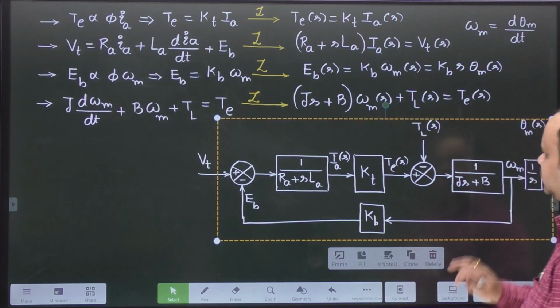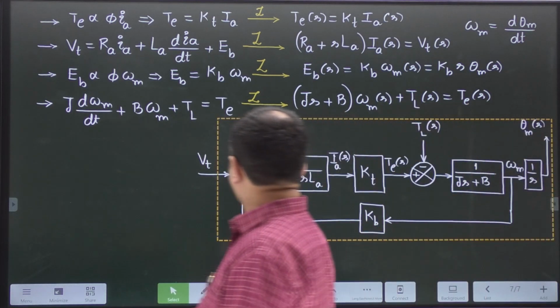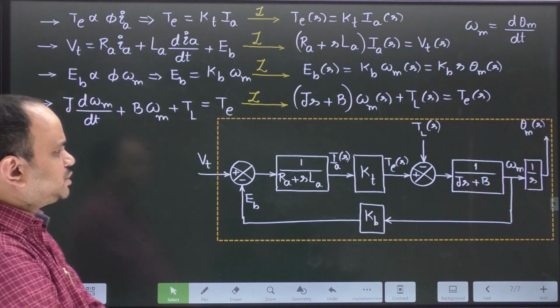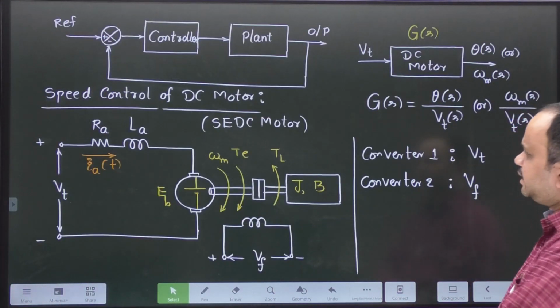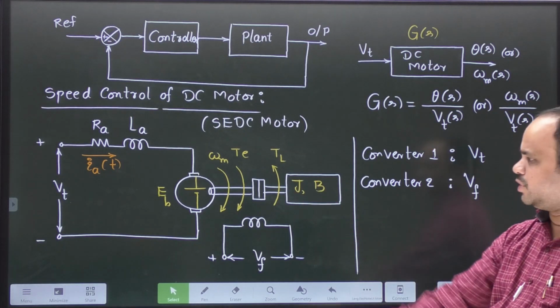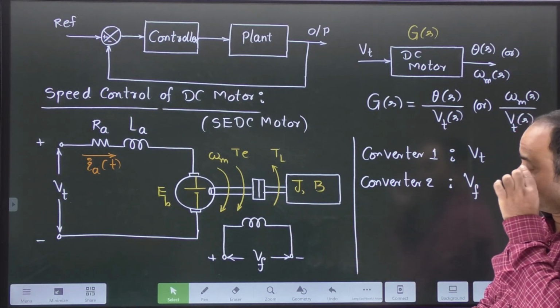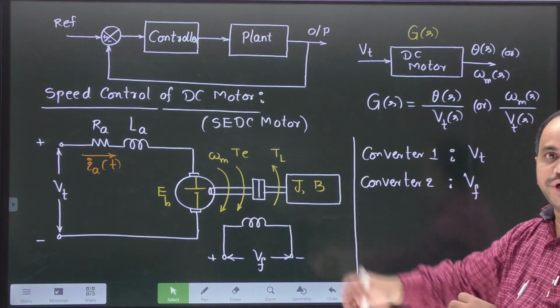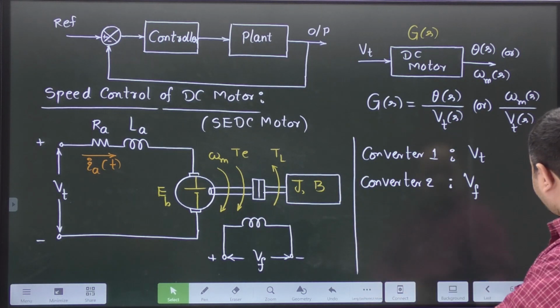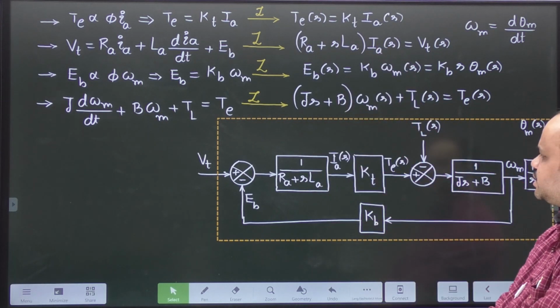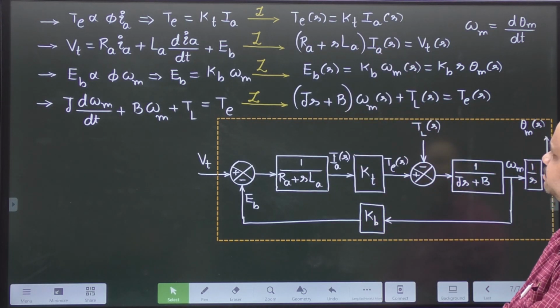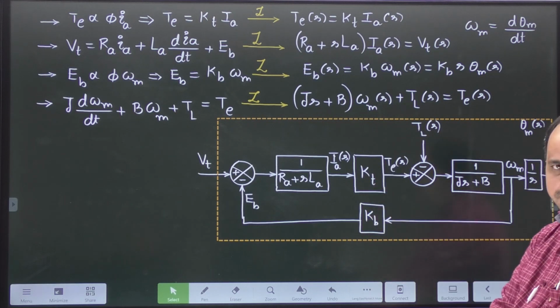From where we started, this is the circuit we are all familiar with. We just put this circuit in the form of basic mathematical equations, and from those equations we simply developed this block diagram.